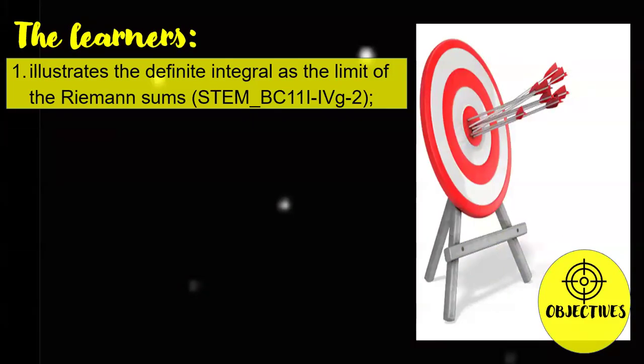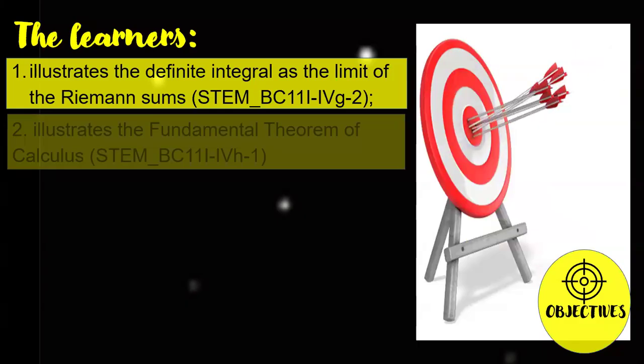Riemann is actually a mathematician who developed the process of integration as part of an area of a plane. So on our next lesson, we will be learning about more of the applications of this Riemann sum.